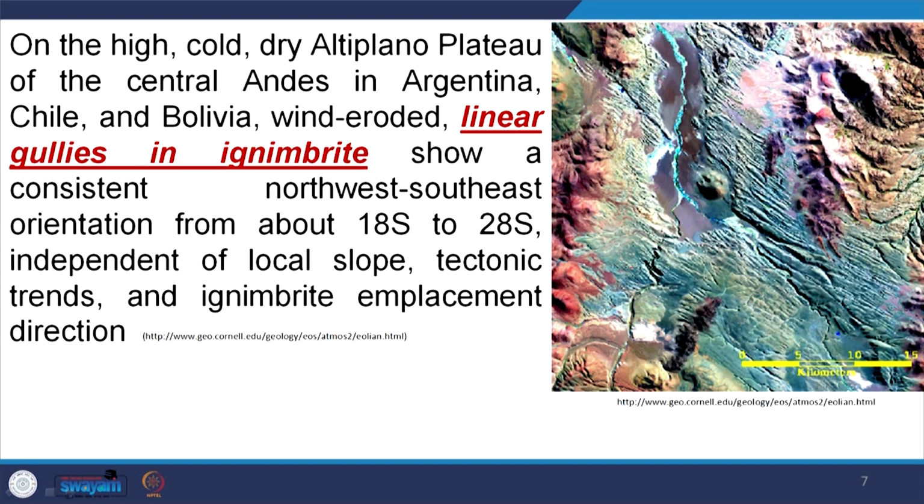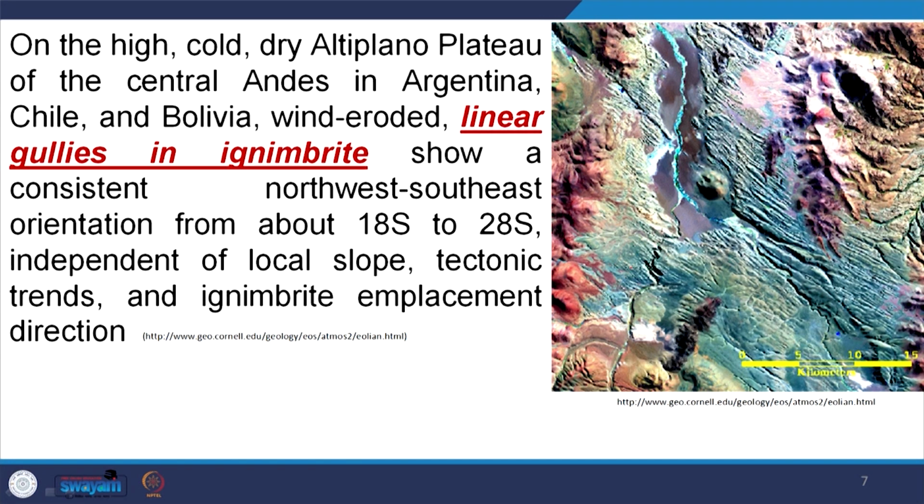Another type of wind abrasion feature is mostly found in Argentina, the Central Andes, Chile and Bolivia. These are linear groups, linear gullies, found in ignimbrite. Why are these linear gullies said to be a wind product or wind abrasion product?